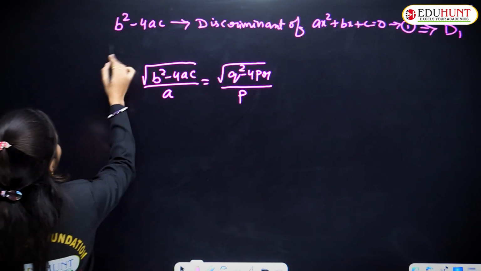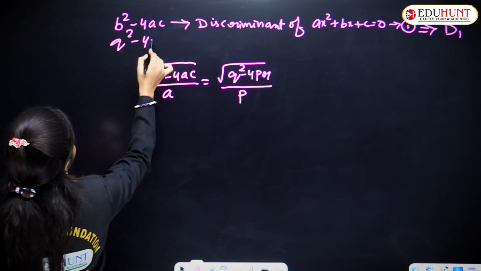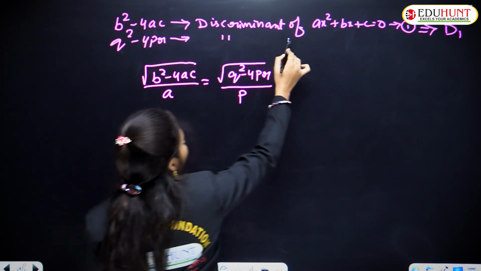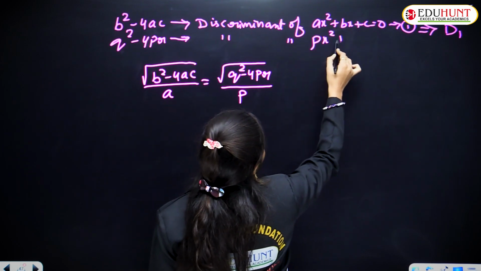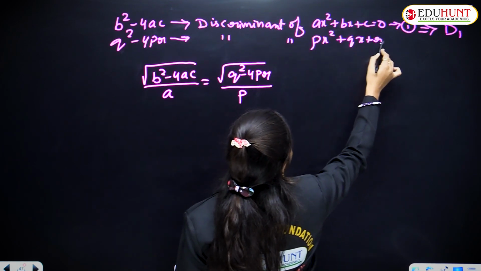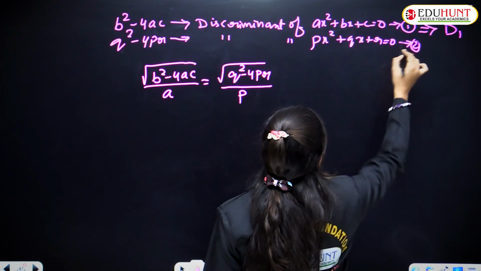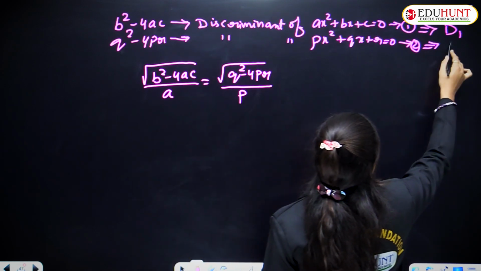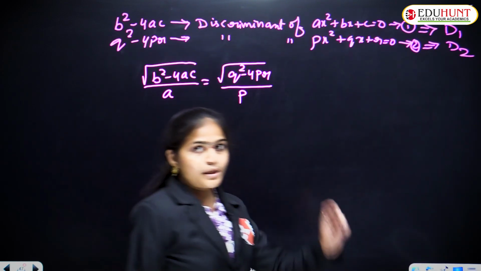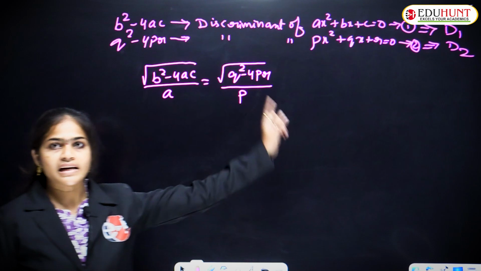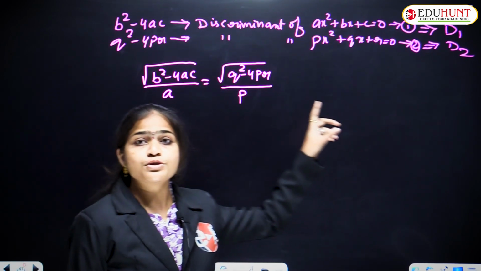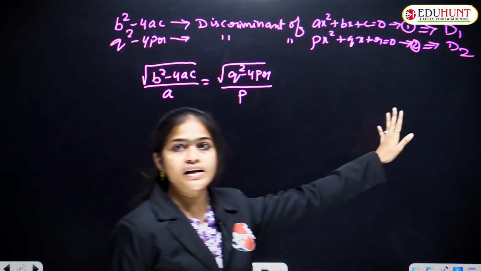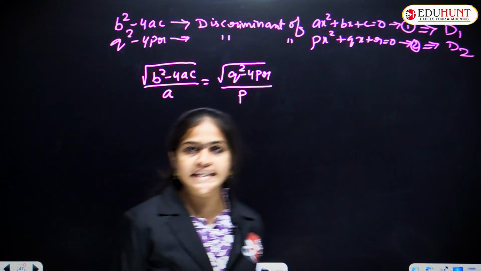Understand? And q square minus 4pr is the discriminant of px square plus qx plus r is equal to 0. This is the second equation. So take this as discriminant 2. Why? Because two equations are given, that's why we have two discriminants. So the first discriminant take as D1 and the second discriminant take as D2.